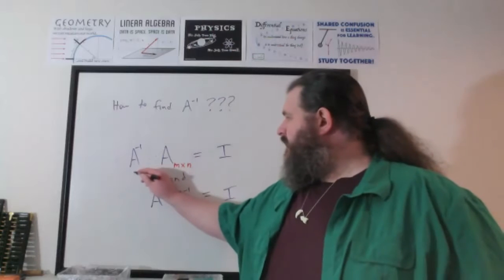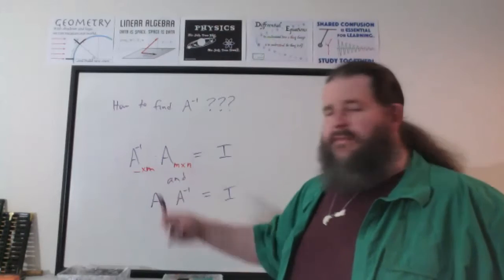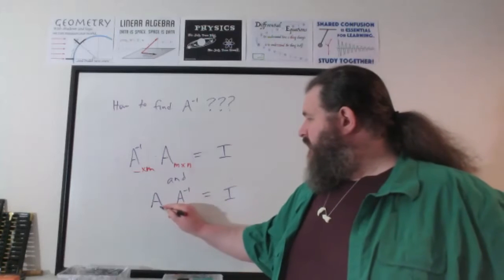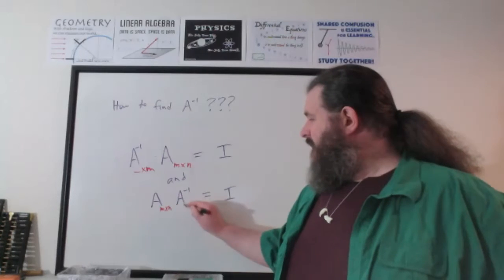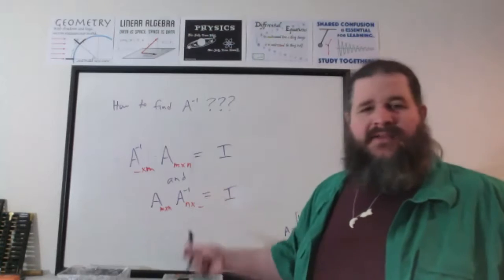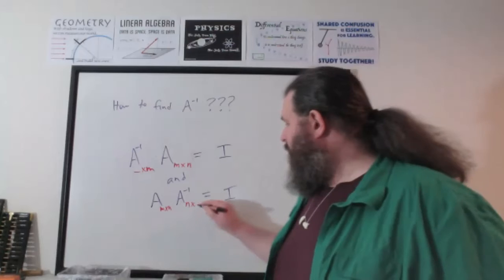At least something by m, because these inner dimensions have to match up. And likewise, if A is still m by n, A inverse has to be n by something to get those to match up. So this would also have to be n by n as well.